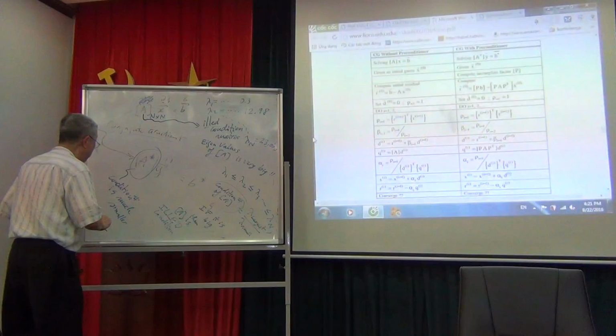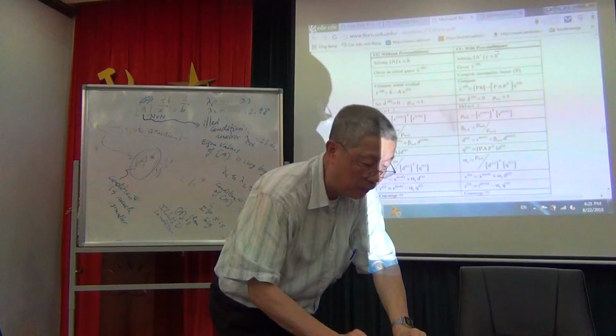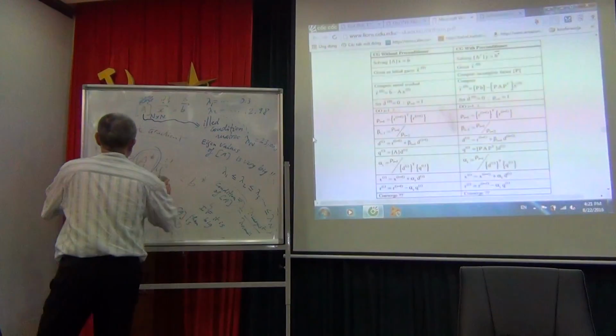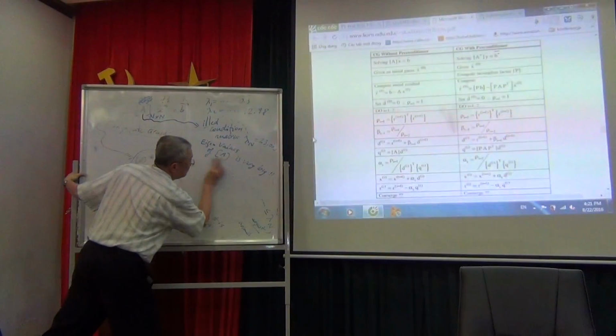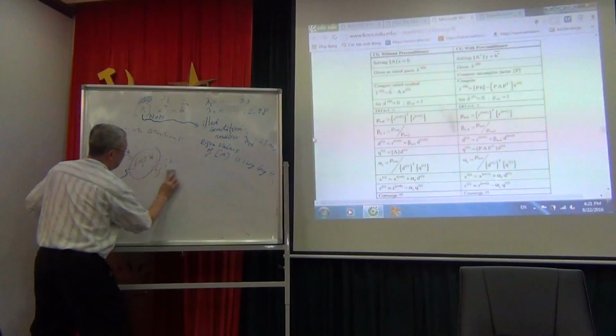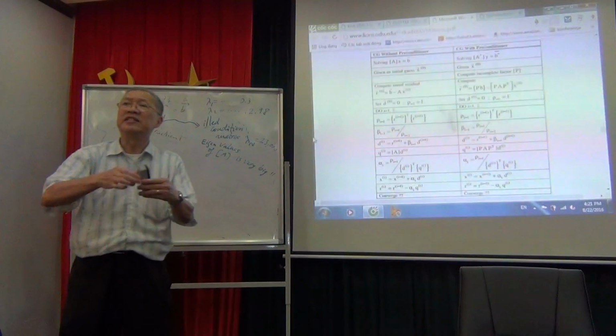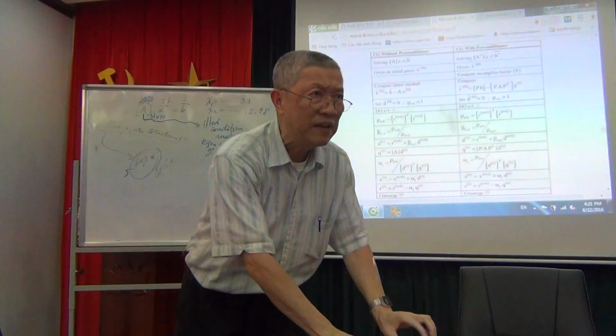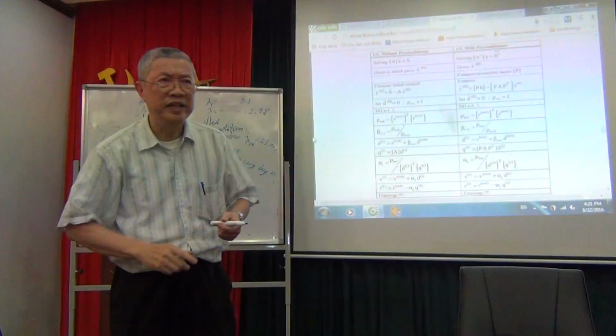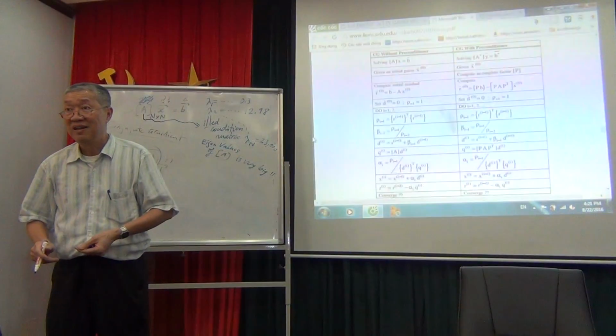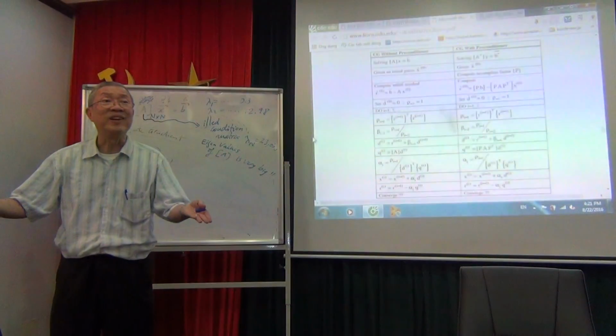Why? Let me give you an example. Can you give me an example? What kind of matrix will have a very small condition number? Identity matrix.